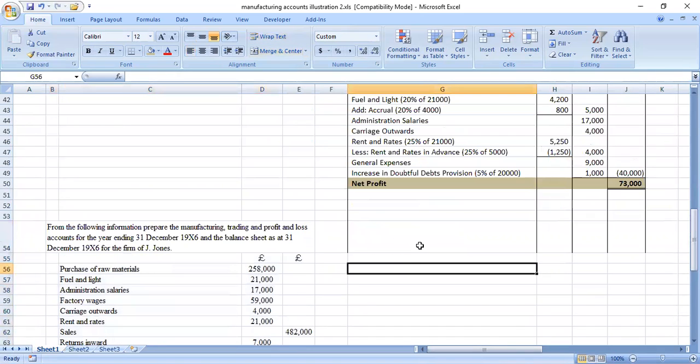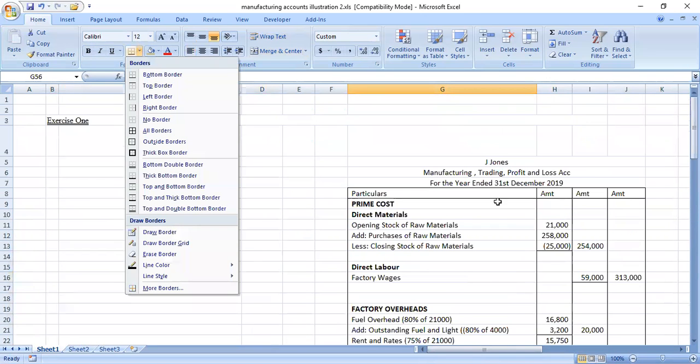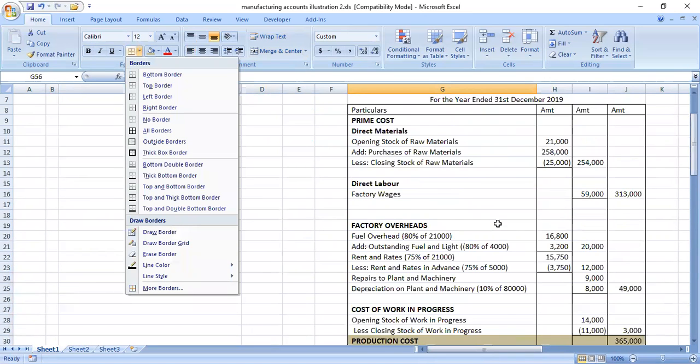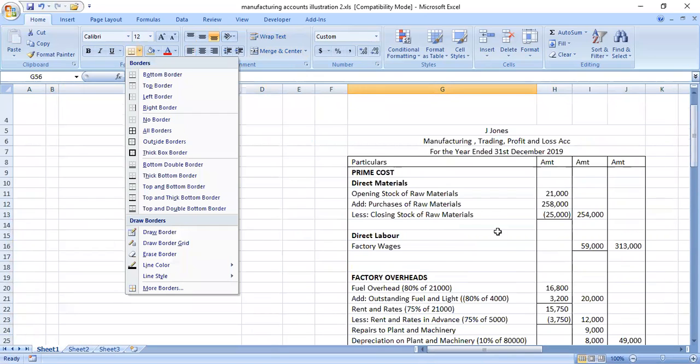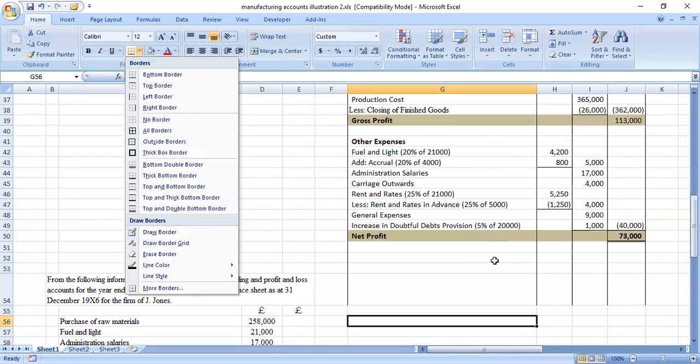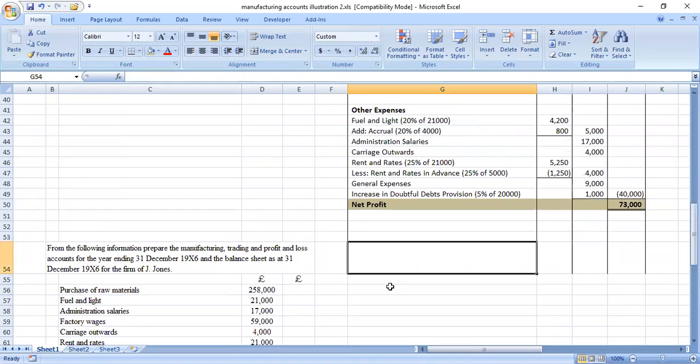Tuendelee. We are through with the manufacturing, trading, and the profit and loss account. The manufacturing, trading, and the profit and loss account is made up of what we have done. So next, we prepare the balance sheet.